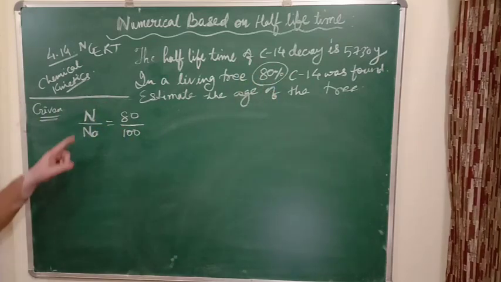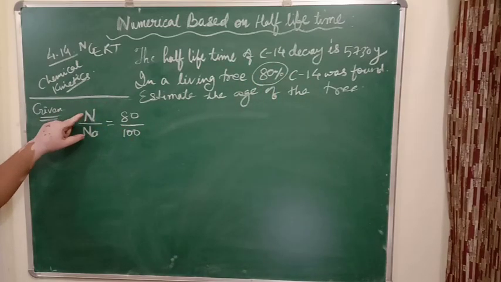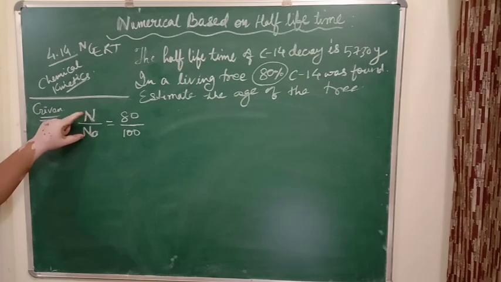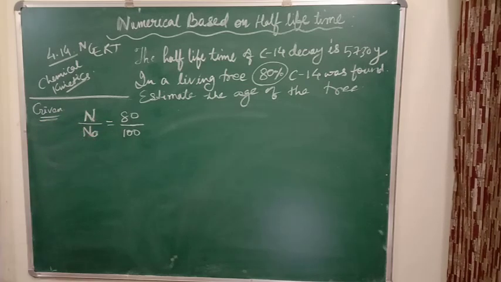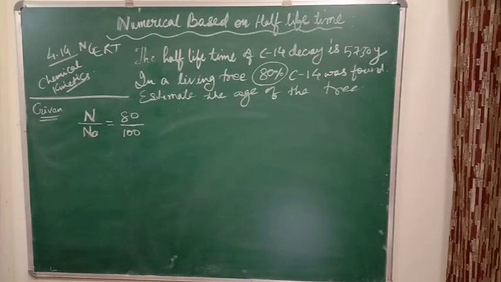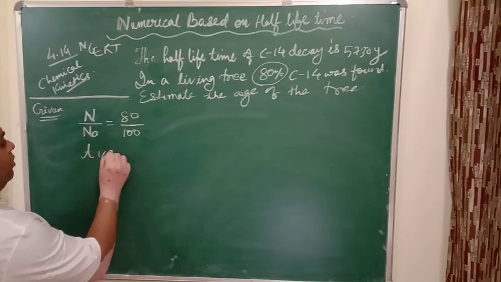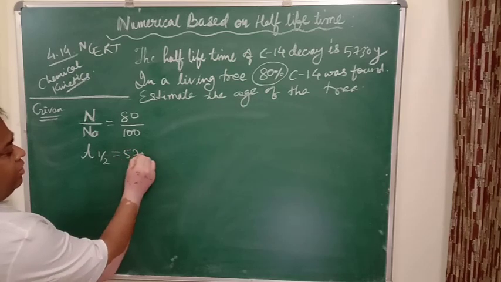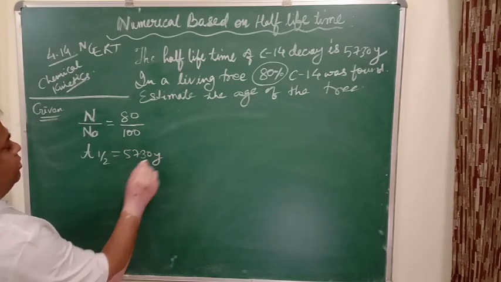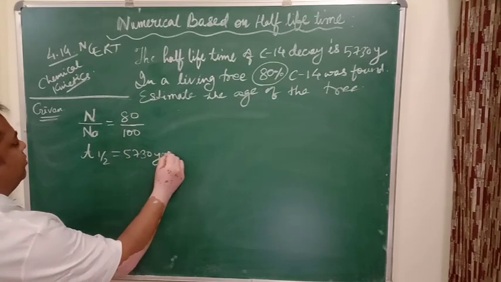So the ratio of initial and final concentration is the fraction 80% given. We are also given t half equal to 5730 years.